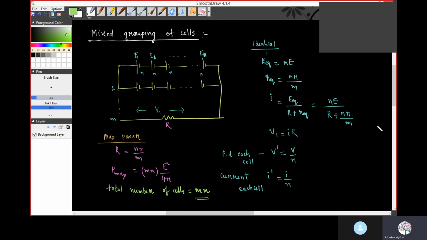So these are the mixed grouping of cells.